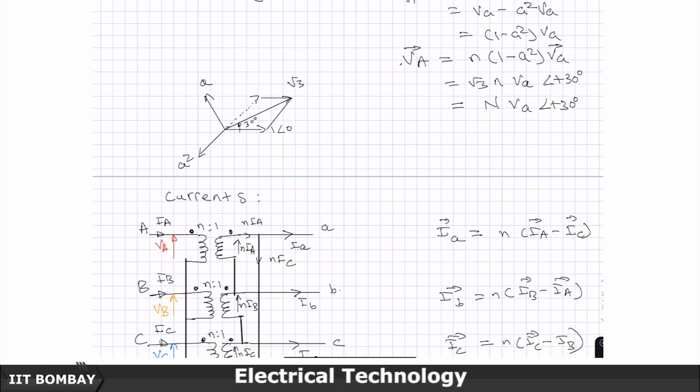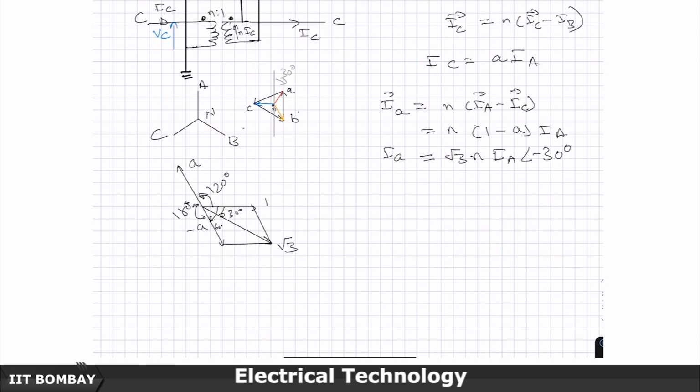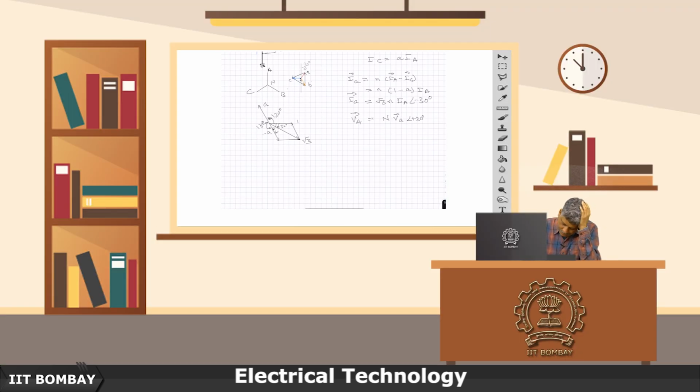And what did I have for, so let me write this equation also here and move it down so I can compare the two equations side by side. Copy, paste. Okay, so now look at it.